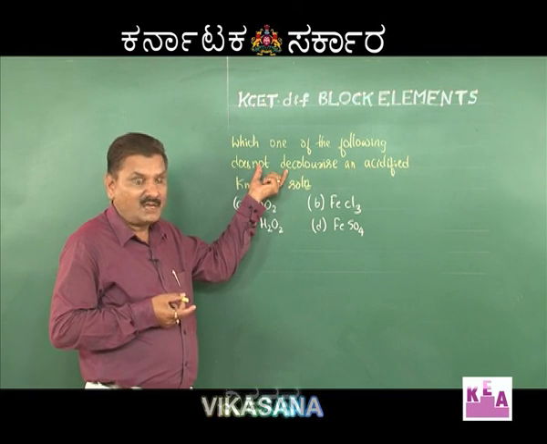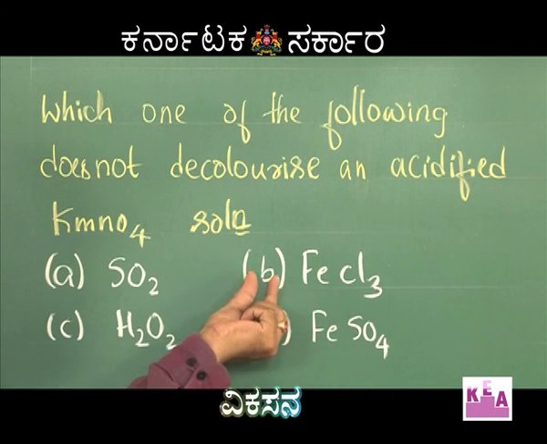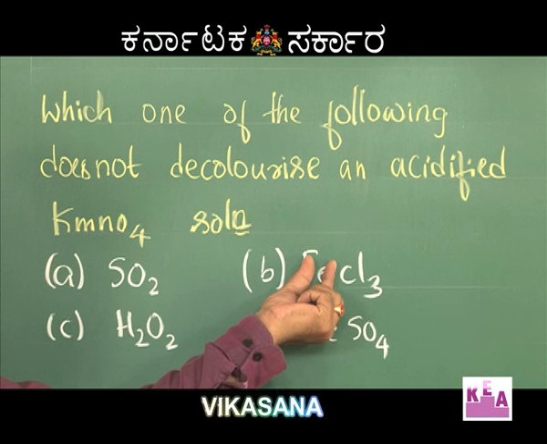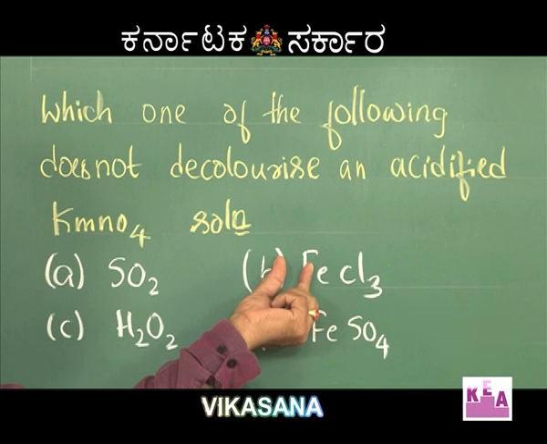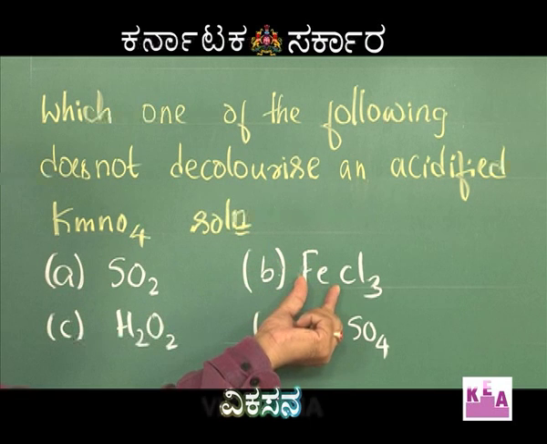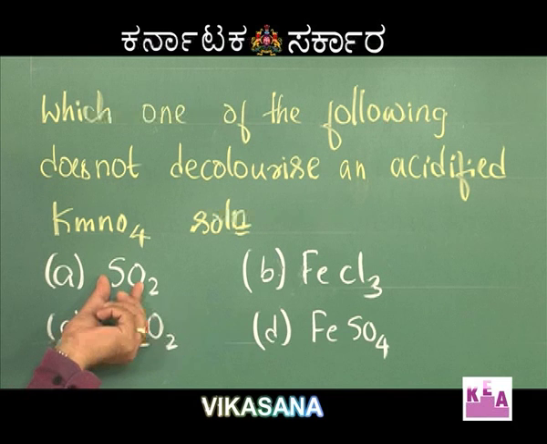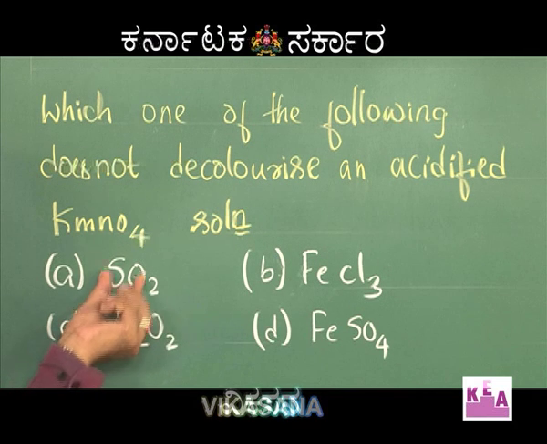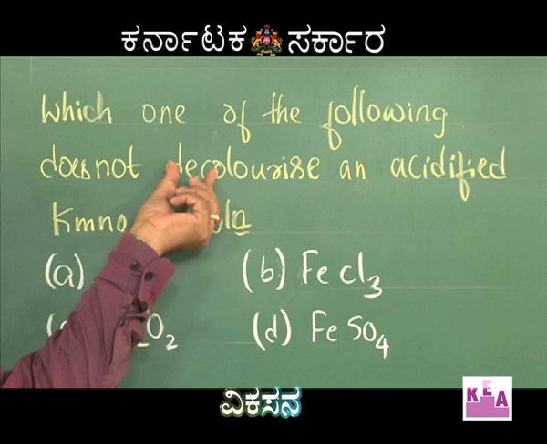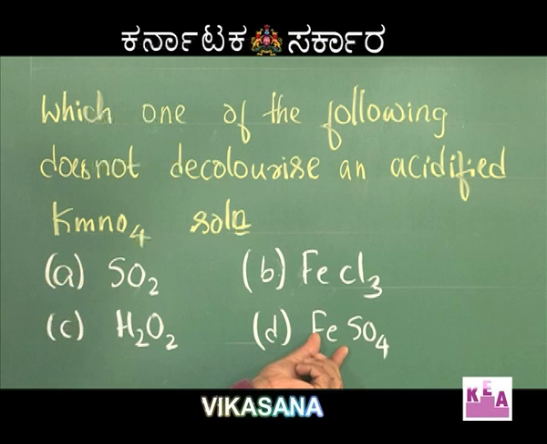It cannot act as an oxidizing agent on the substance where we have the highest oxidation state. Look here, ferric chloride. Iron is in +3 state, the highest and the most stable oxidation state. This cannot further undergo oxidation. So therefore, KMnO4 cannot have the oxidizing action on this. It cannot get decolorized. But SO2 can undergo oxidation and it can decolorize KMnO4. Ferrous sulfate can further get oxidized to ferric sulfate.